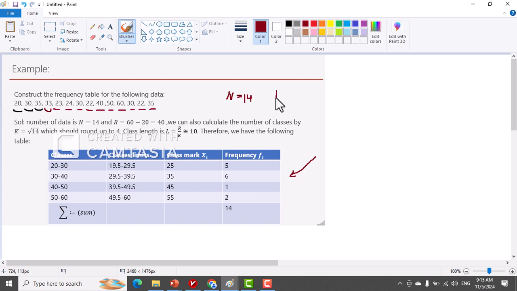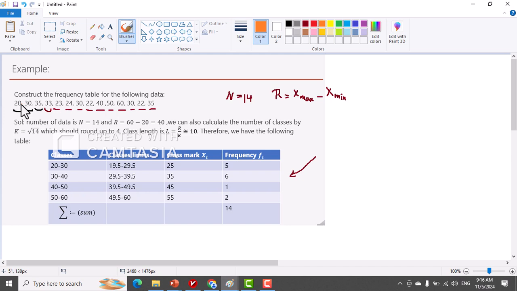The next thing that you should calculate is the range of the data, and as you saw in a previous slide, the range is equal to the maximum data, which we denote by x max, minus x min. That means we just subtract the minimum from the maximum, and the result shows the range of the data.